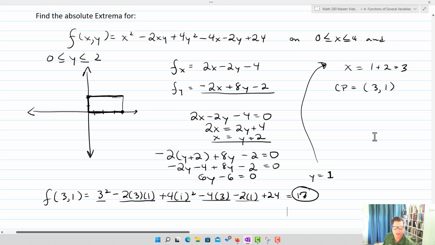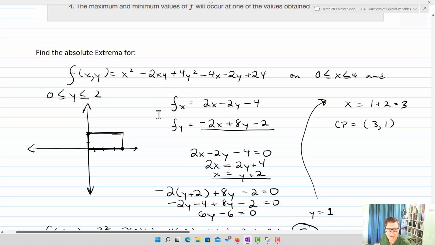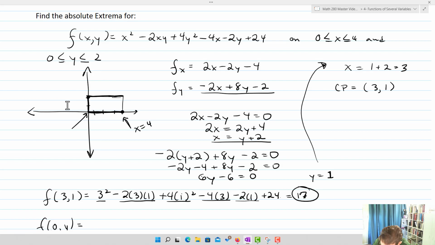So we'll start out with f of 0, y, and the reason is that's when x equals 0. So that's this line right here, x equals 0. We'll also have x equals 4, and then y equals 0 and y equals 2.